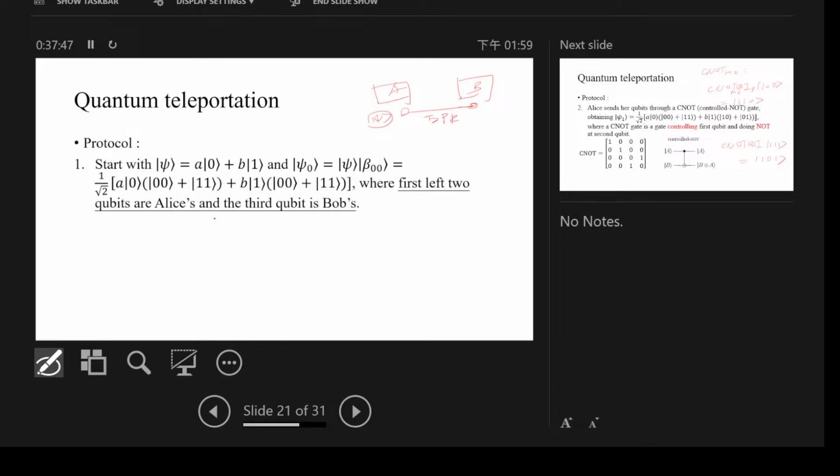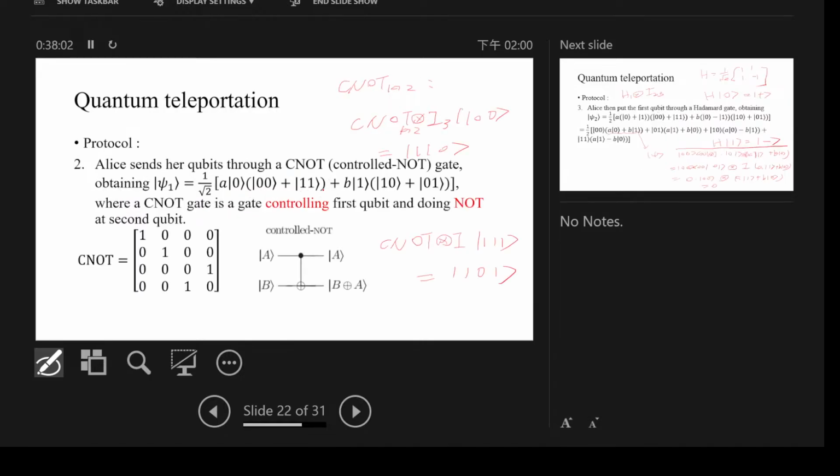Let's try to mark the Alice part. Alice's part is the first and second qubits. Okay, and let's do the calculation.